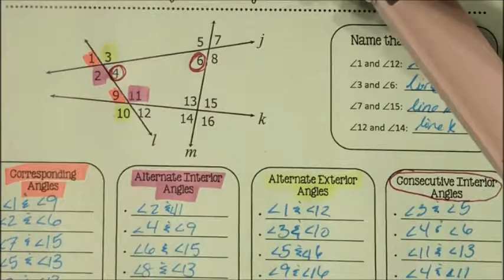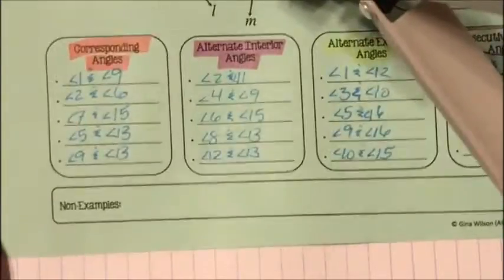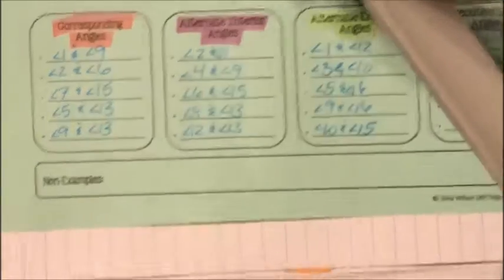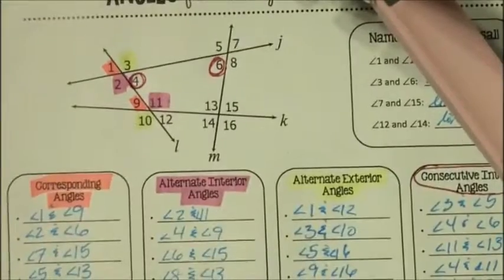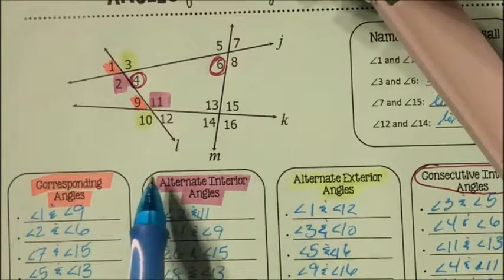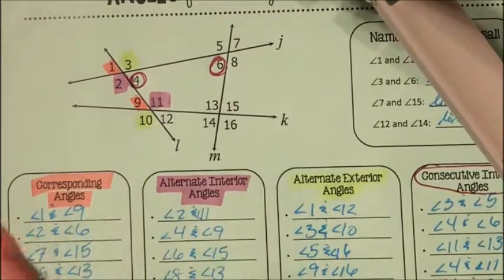Okay. So some non-examples could be, let's see, looking at this, 4 and 13, or 11 and 6 would be non-examples. Okay.